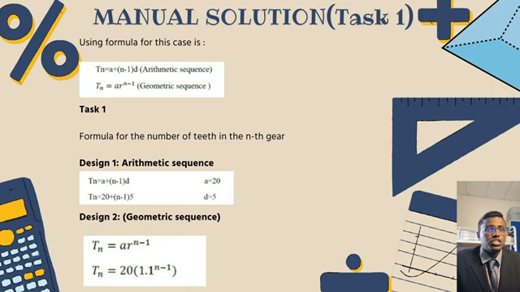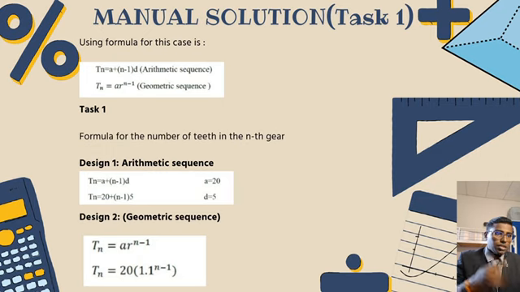Okay, for the manual solution for task 1, for arithmetic sequence and geometric sequence, to calculate the formula for the number of teeth in the gear, we can use Tn = a + (n - 1)d. The second one is Tn = ar^(n-1). Okay, a is the first term, n is the term number and d is the common difference.